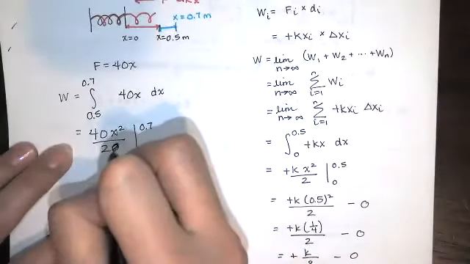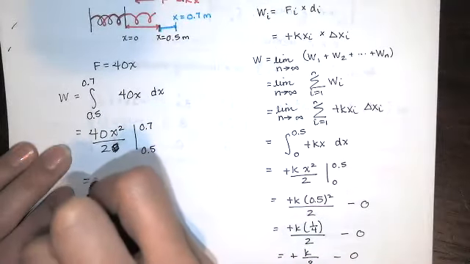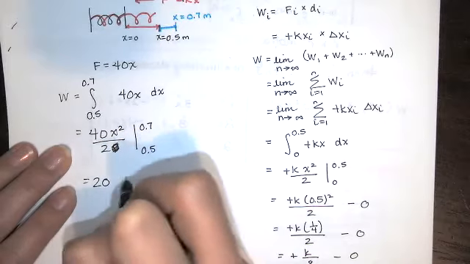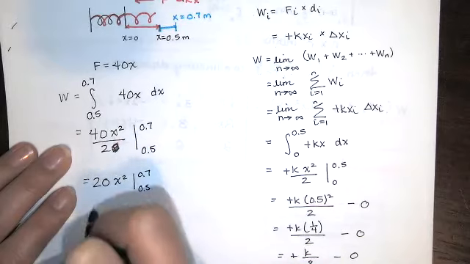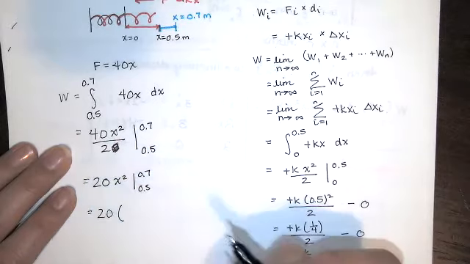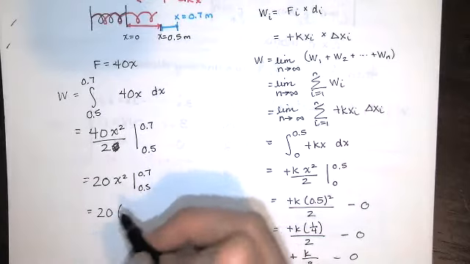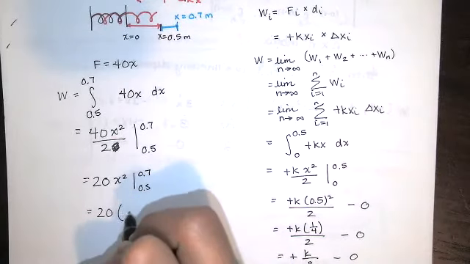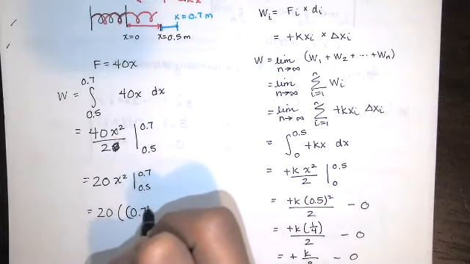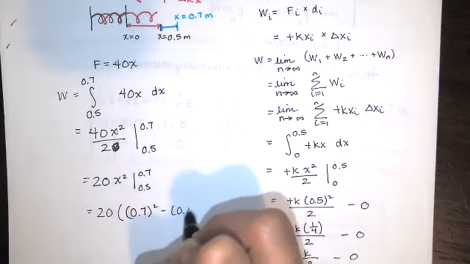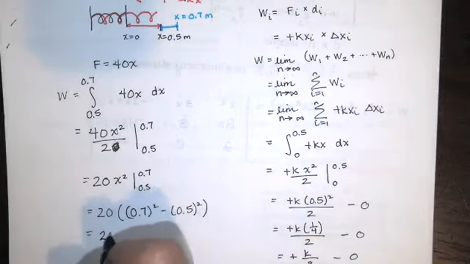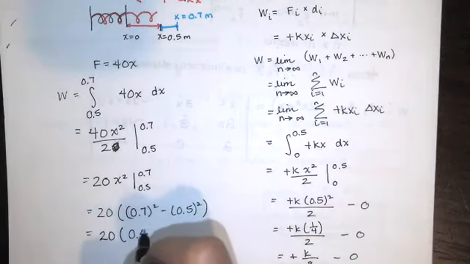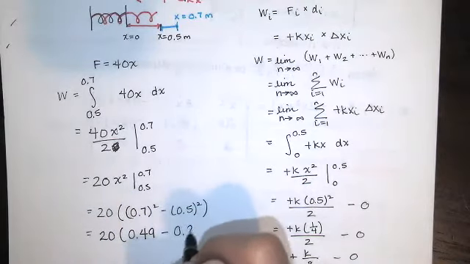40 divided by 2 is 20. So I've got 20x squared evaluated from 0.5 to 0.7. So you're going to have 20 times 0.7 squared minus 0.5 squared. So I think we'll have 20 times 0.49 minus 0.25.